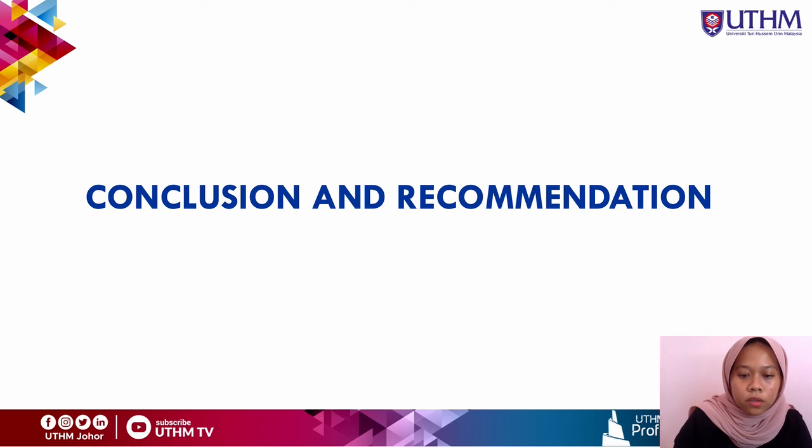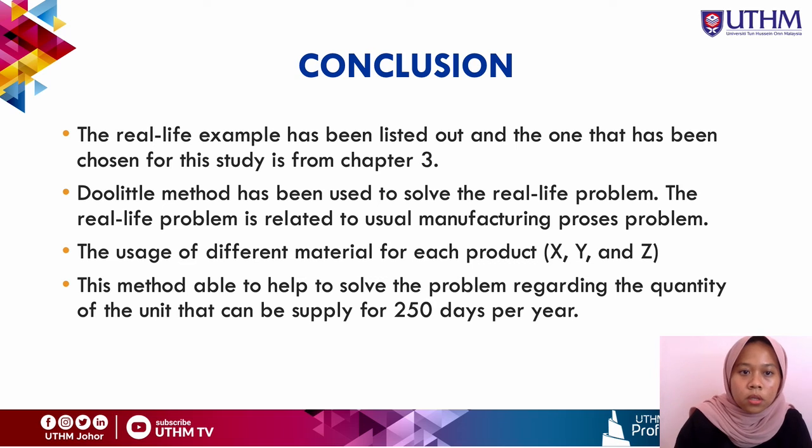So let's go to the conclusion. For the conclusion, the real life example has been listed out, and the one that has been chosen for this study is from chapter 3. So Doolittle method has been used to solve the real life problem.